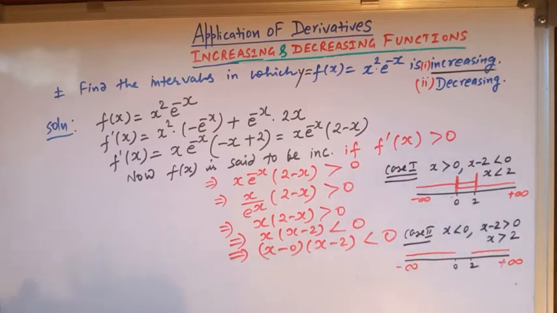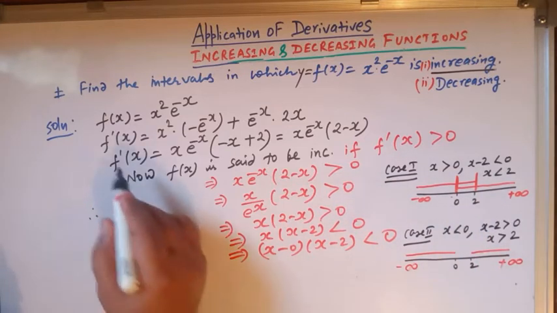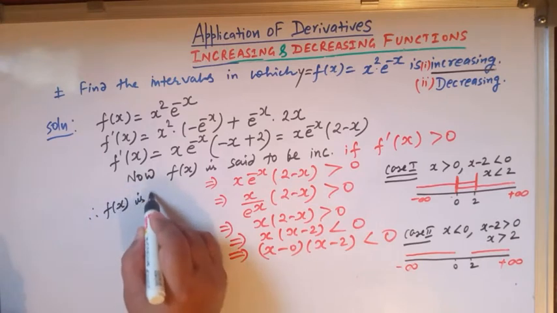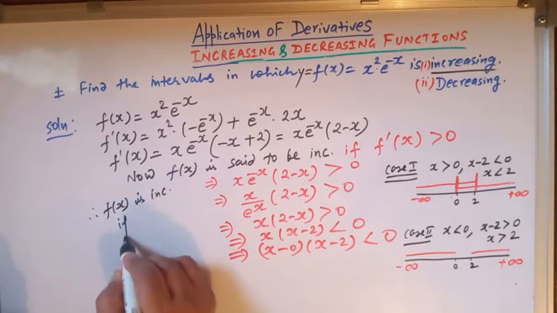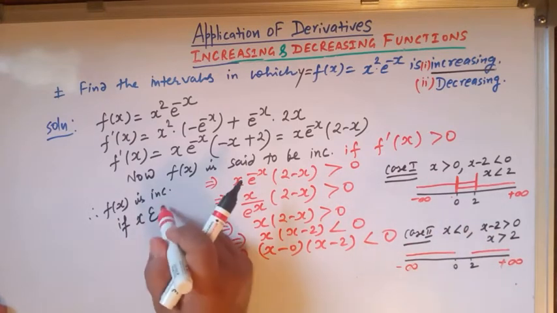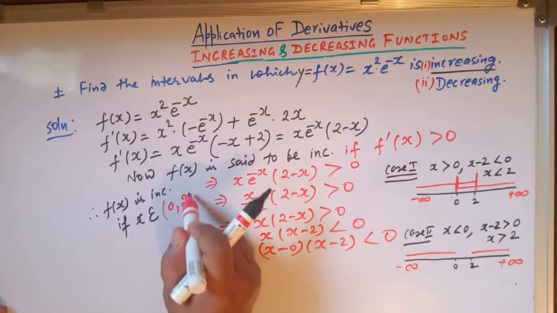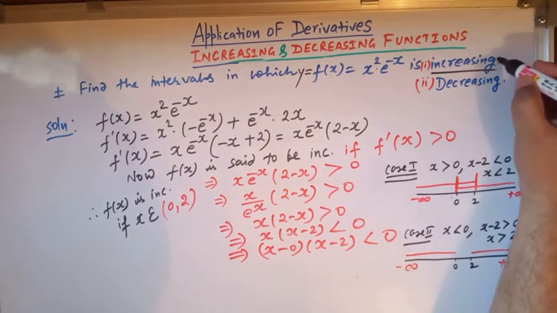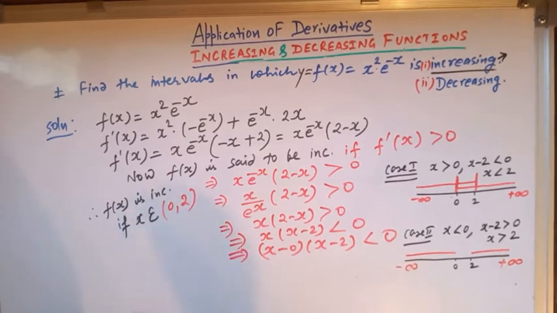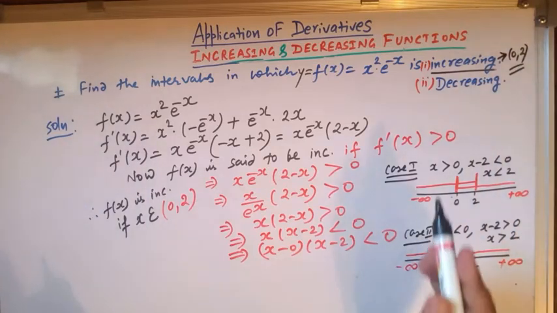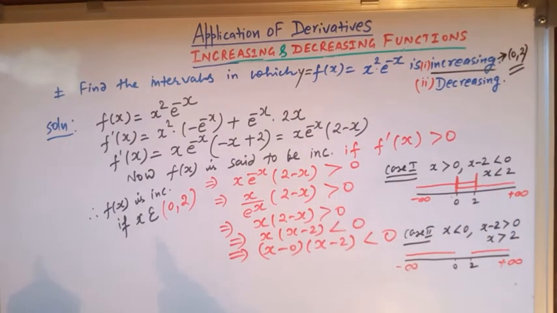So therefore this function f(x) is increasing if x belongs to this interval (0, 2). So our solution is that when x belongs to (0, 2), this function is increasing.